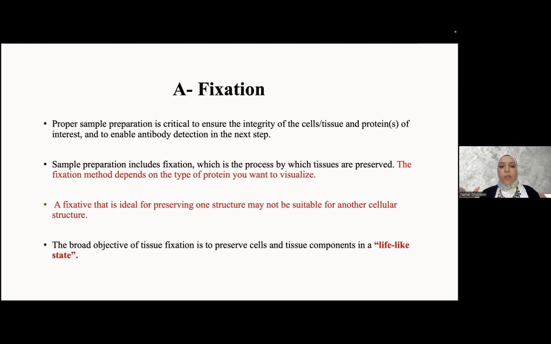And the broad objective of tissue fixation, and I like this statement very much, is to preserve the cells and tissue components in a lifelike state. So the cells are not dead and they're not alive, they are in a lifelike state. The last process in the cells is fixation.